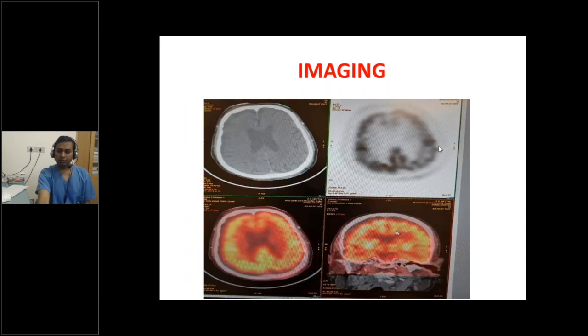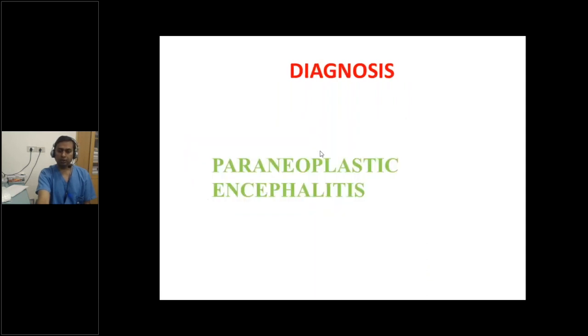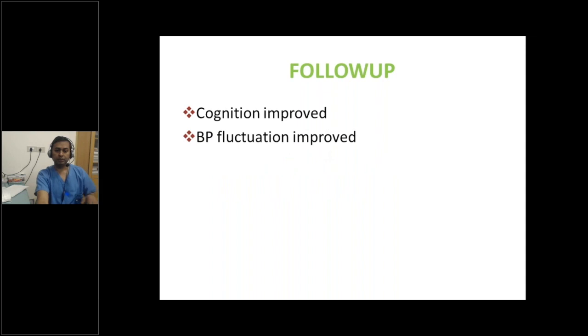Hypometabolism is seen in the bilateral parietal lobes, and the CSF report says anti-JIK4 antibody is positive. So it was also treated as paraneoplastic, and the patient recovered with IVIG and Solu-Medrol.